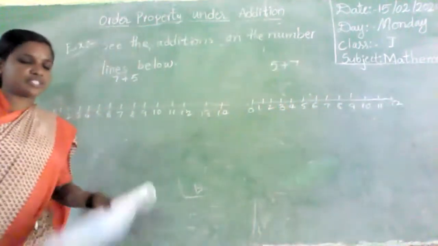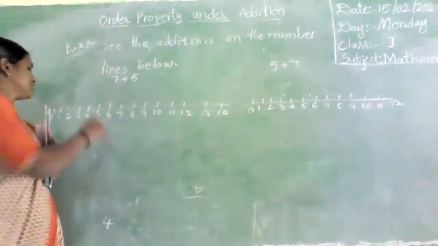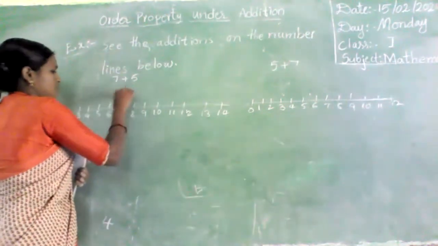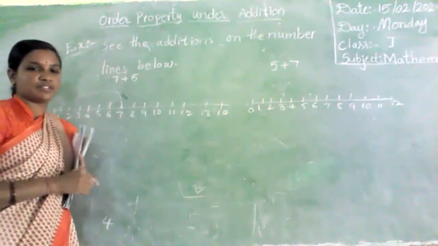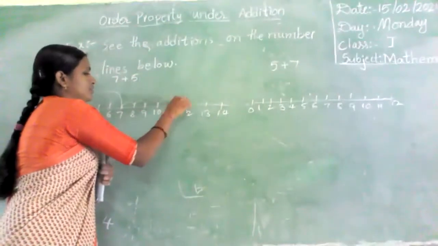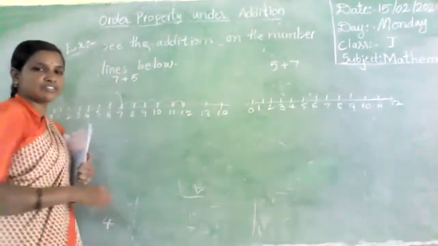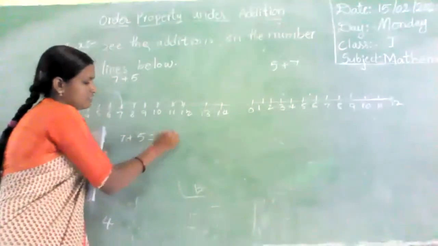So first 7 plus 5. First we take 7 steps, 0 to 7 steps. Then we add 5 steps. How many? 5. 1, 2, 3, 4, 5. So 7 plus 5 is equal to 12.